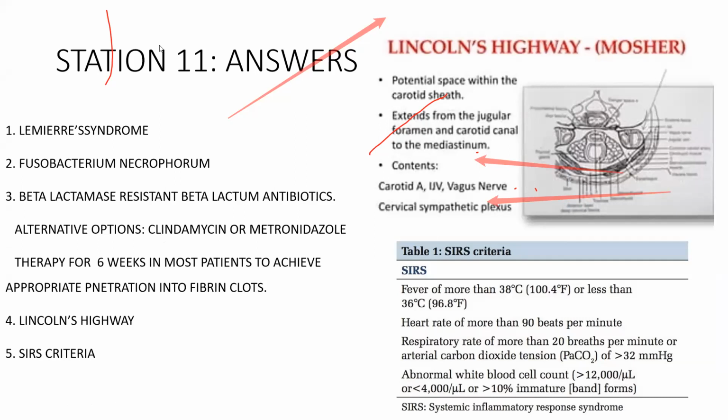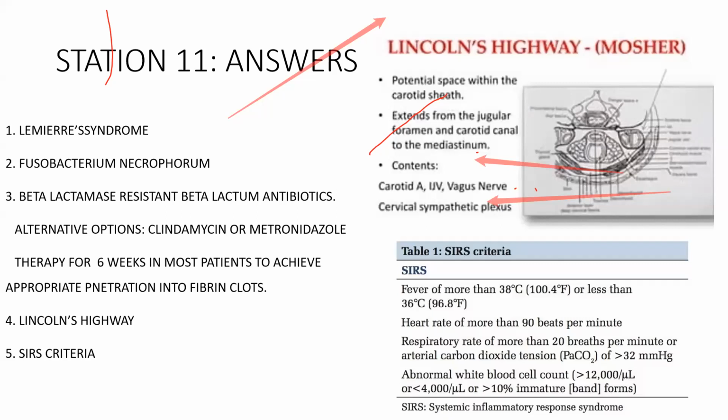So in this condition, Lemierre syndrome, you should know about the parapharyngeal space, the pre-styloid and post-styloid compartments, what is the extent, what are the main structures in the post-styloid compartment, how you will manage a parapharyngeal space infection, and what are the complications of parapharyngeal and retropharyngeal infection.